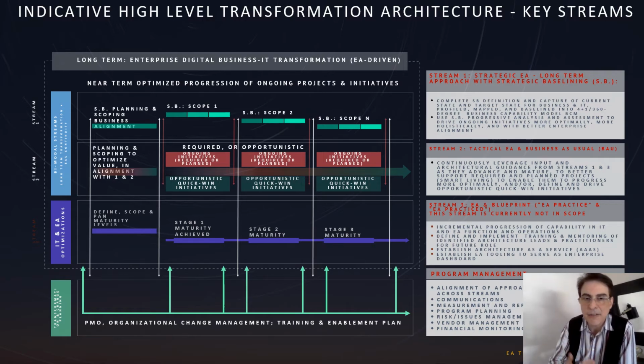We identify opportunities and quick win possibilities, and it's important to see the third stream, which is IT and EA, as we go through a maturity stage within IT and EA and become more mature and learn things. All of that will be fed into our ongoing transformation.